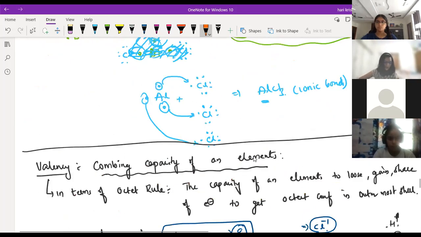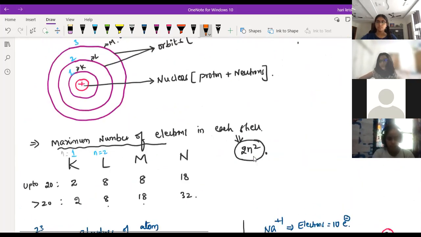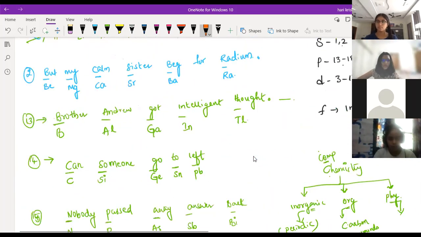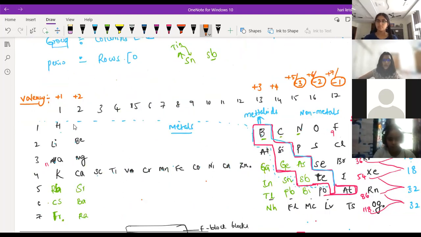I have written the same thing for the periodic table here. I wrote some numbers with the orange colour pen. The valency of the first group always shows +1, the second group +2, the 13th group +3. The 14th group shows +4 or -4; if you do 8 - 4 it also comes to -4, so generally we take only +4.